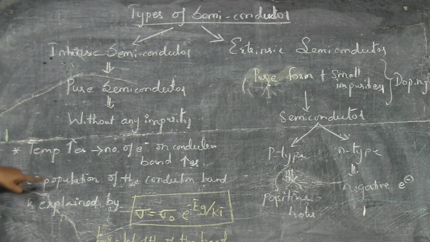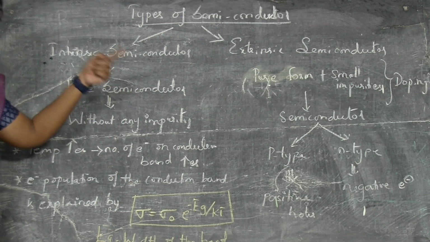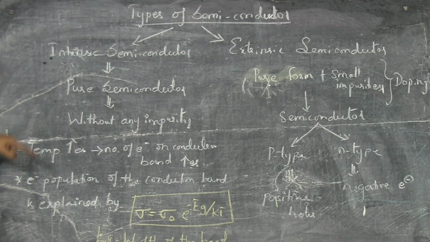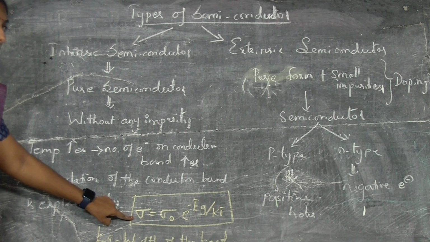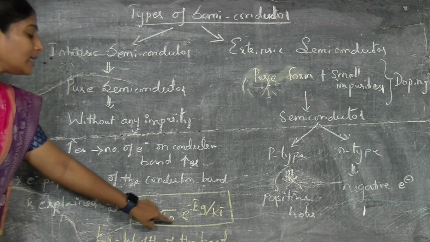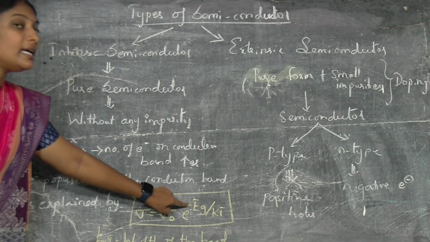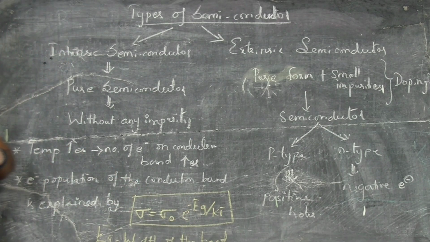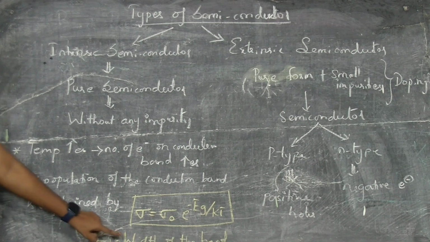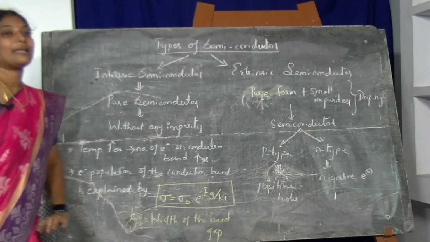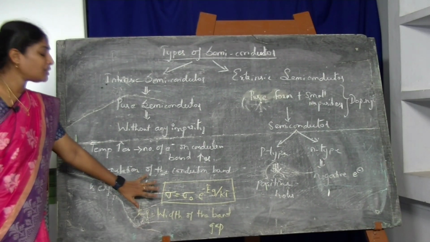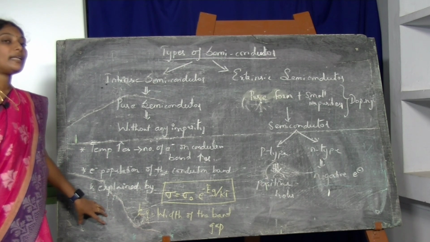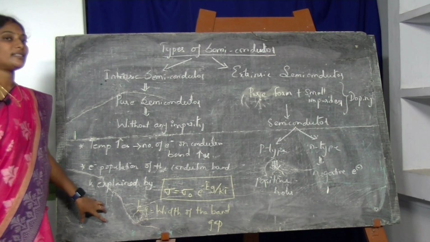The electron population in the conduction band can be explained by an expression, that is sigma is equal to sigma naught e power minus Eg divided by kT. Here Eg is nothing but the width of the band gap. This equation looks like the Arrhenius equation in chemical kinetics, right?